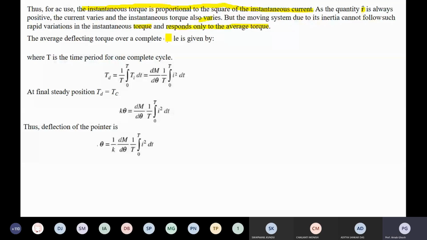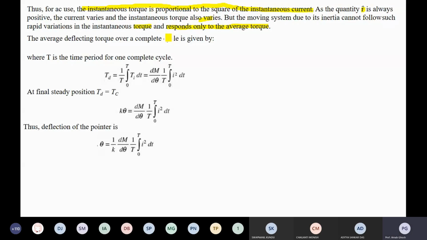So what is the response? The speed of response, which I missed in the last class, I will cover today.